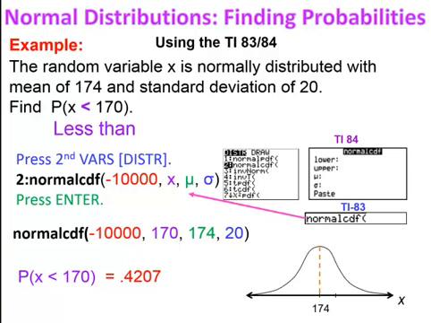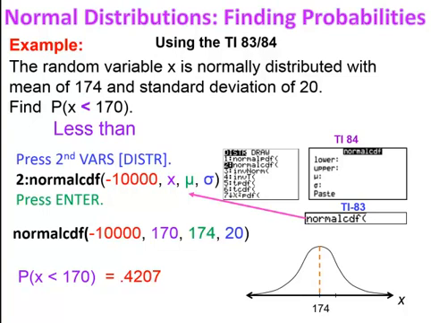So I want you to understand what that means. If we had a normal curve, we know that the mean, separated by the line of symmetry, breaks the curve into two equal parts. So in this example, our mean was 174.